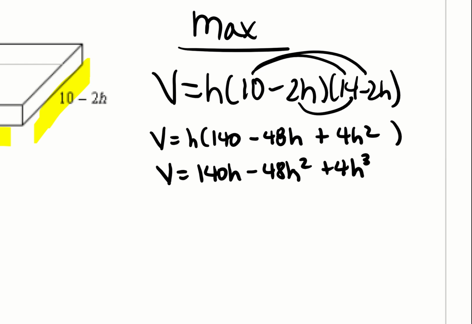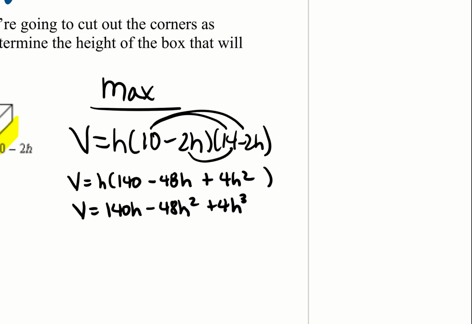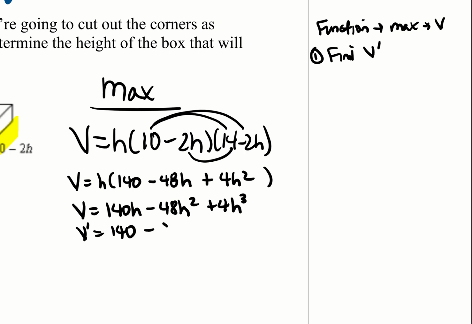Okay, so I'm going to be finding a max. I wanted to find out what I'm going to try to optimize, so I need some type of function to optimize. In this case, it's the volume. And I want to then find the derivative of that volume. So I will use the power rule here to get V prime is 140 minus 96h plus 12h squared.